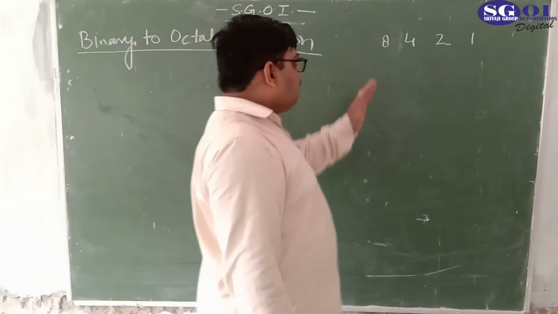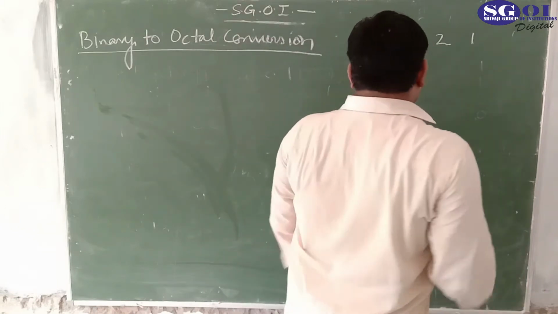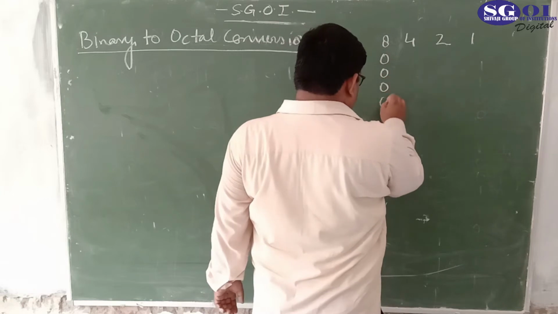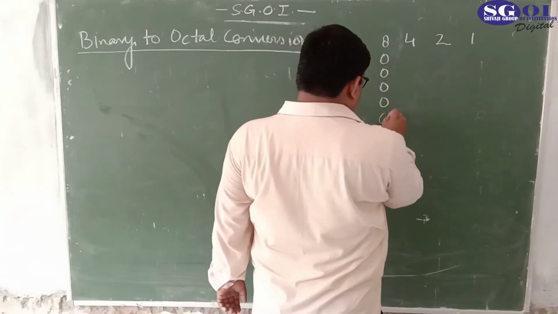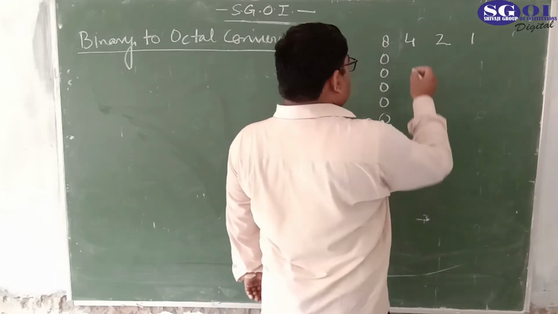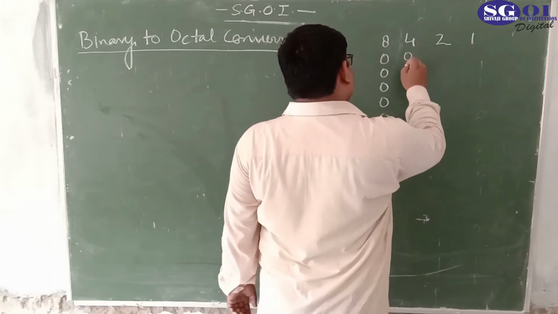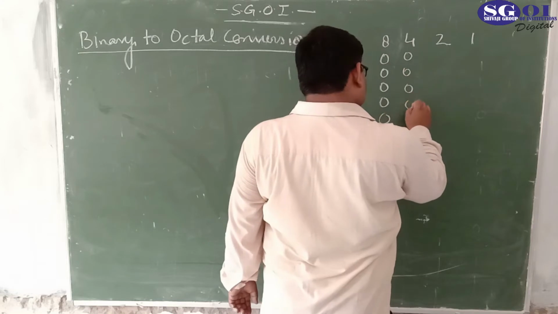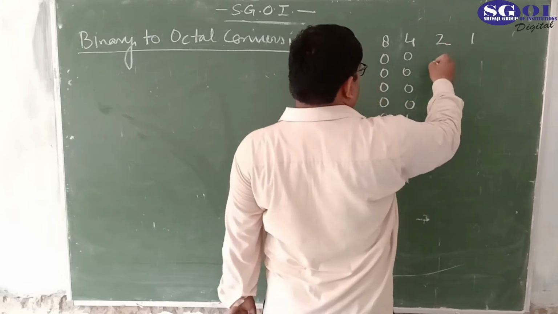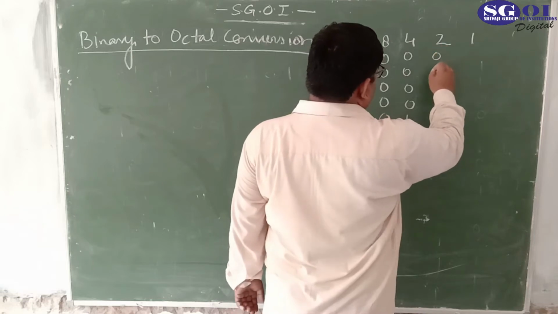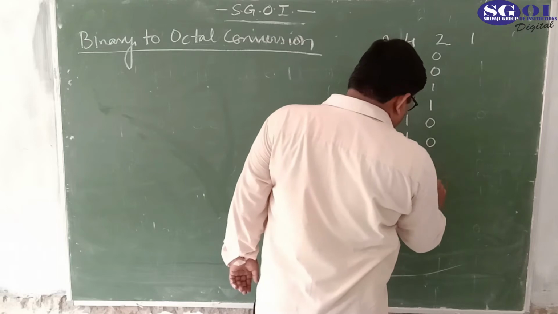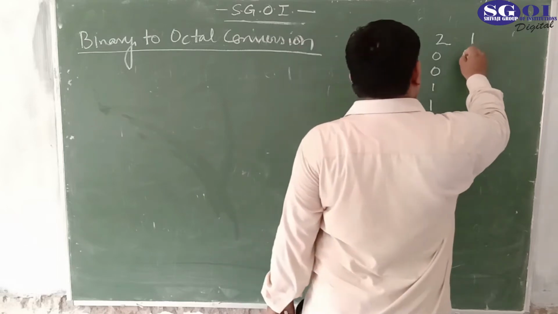In this table, 8 is written as 0 1 2 3 4 5 6 7; then 4 is written as 0 and 1 in blocks of four; then 2 is written as 0 0 1 1; and the last row alternates 0 1 0 1.